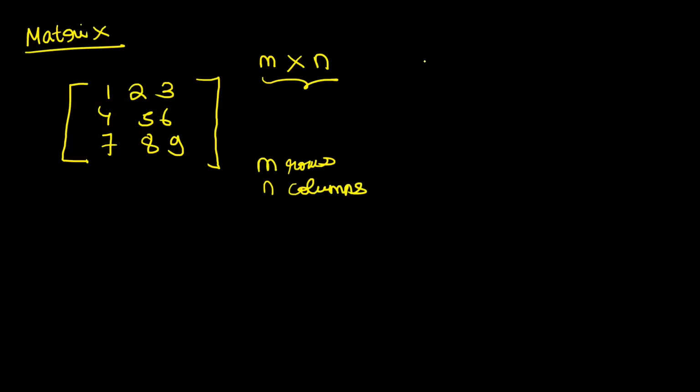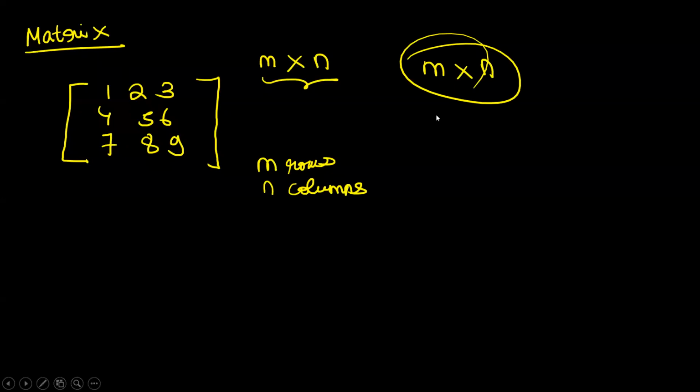So if I say that a matrix is an M cross N matrix, what do I mean to say? That my matrix has M rows and N columns. And what is the total number of elements here? If you have M rows and N columns, how many elements can this matrix store? Can I say M into N? MN elements can be stored inside this matrix.